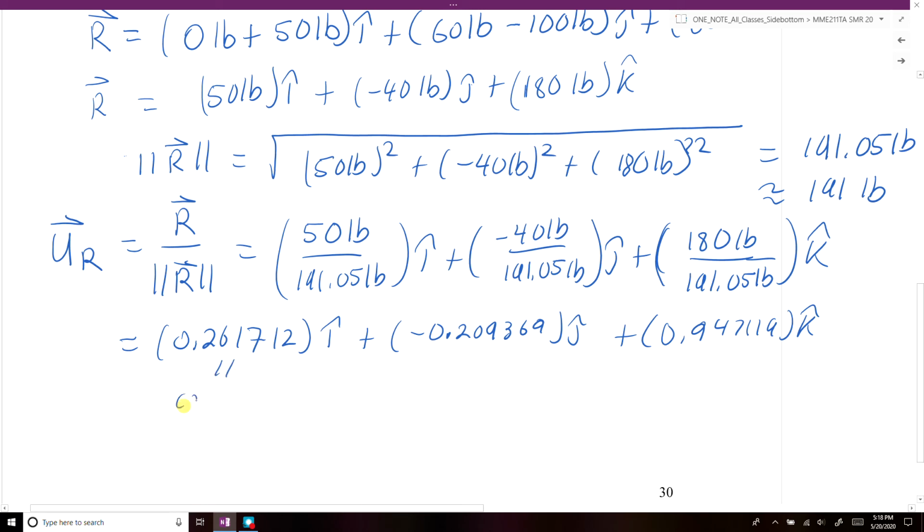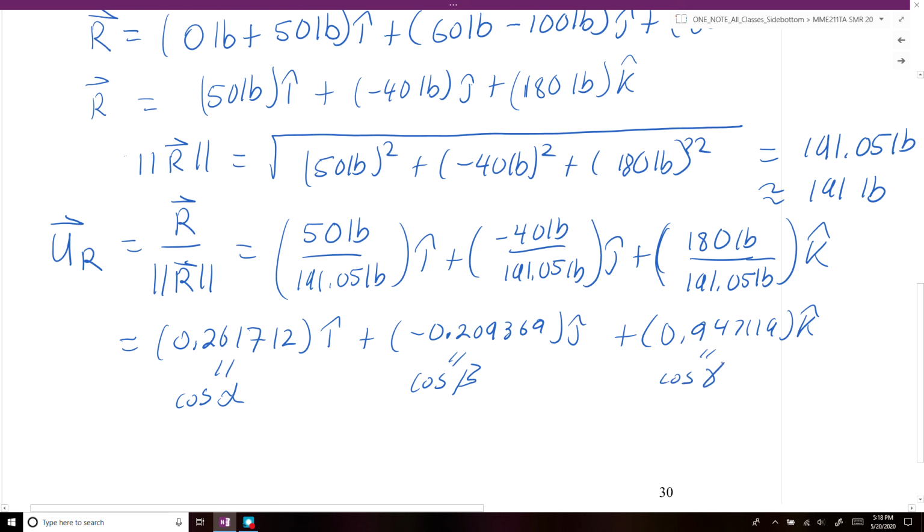The x component of our unit vector is equal to cosine of alpha, the y component is equal to cosine beta, and the z component is equal to cosine gamma.